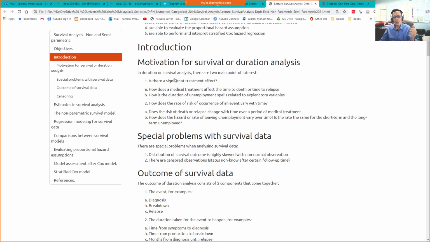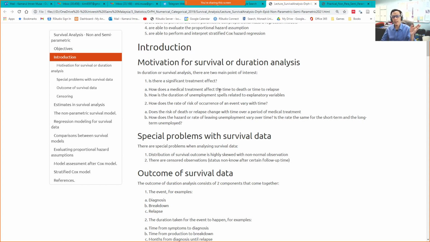If you remember, in duration or survival analysis, there are 2 main points of interest. For example, is there a significant treatment effect? How does a medical treatment, for example, affect the time to death?